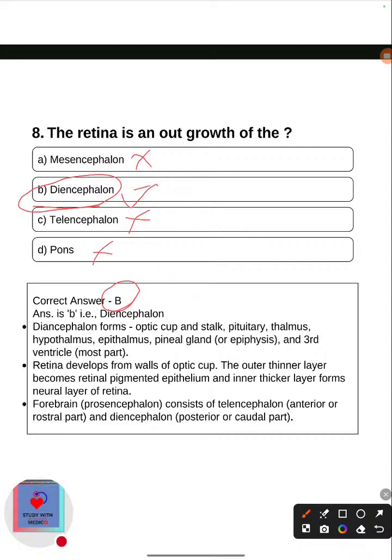The diencephalon forms the optic cup and stalk, between the thalamus, hypothalamus, epithalamus and the third ventricle. The retina develops from the walls of the optic cup.